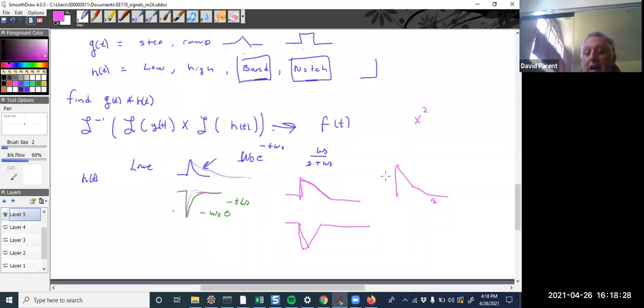But I could have something proportional to x squared, where I can either reverse it or multiply it by a step function.